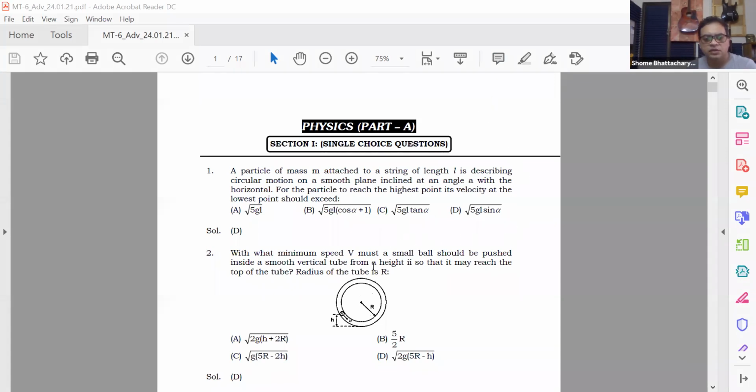Let's discuss. Okay. So with what minimum speed v must a small ball be pushed inside from a height h so that it may reach the top of the tube? All right.